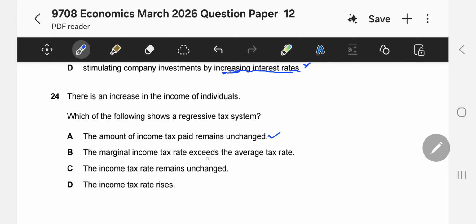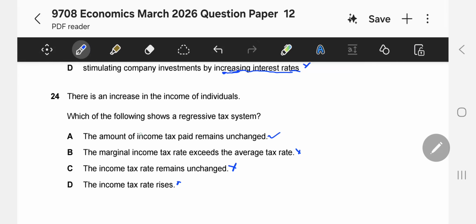Marginal tax rate exceeds average tax rate. No, this one is not true for sure. The income tax rate remains unchanged. If the income tax rate remains unchanged, this one is probably not true. The income tax rate rises.